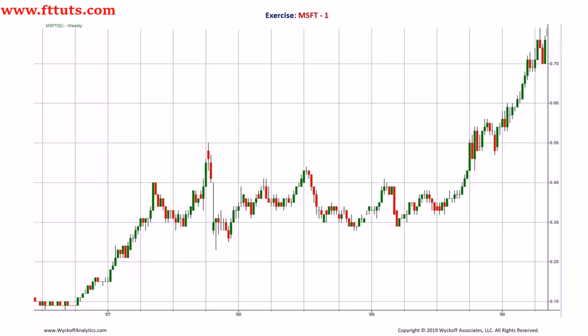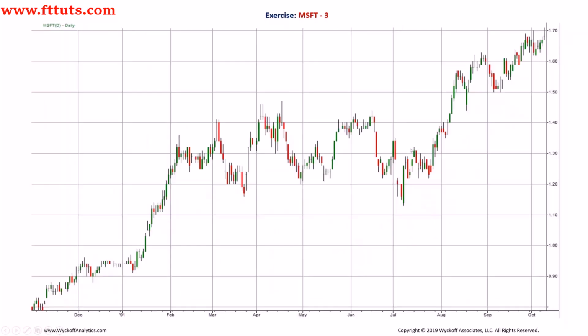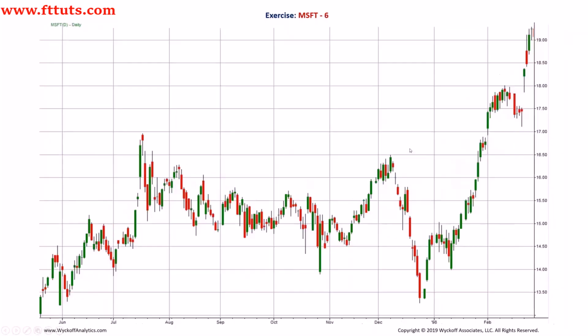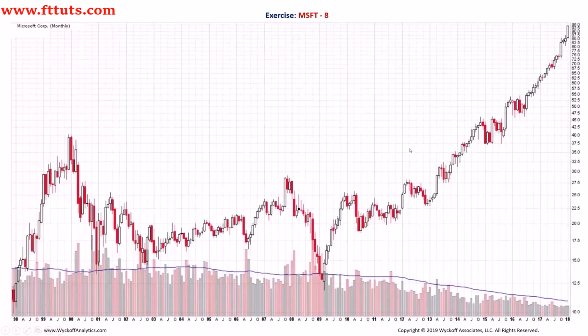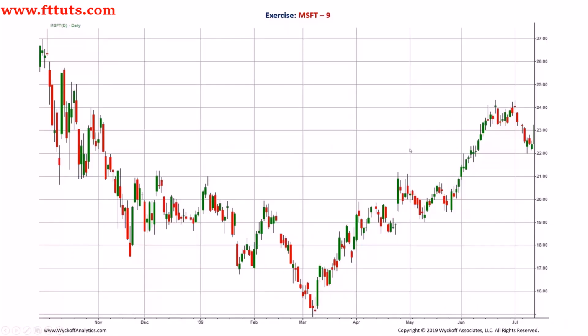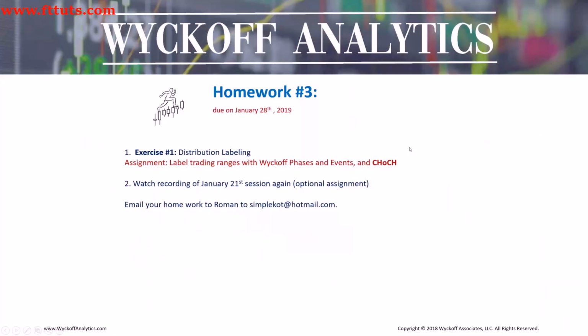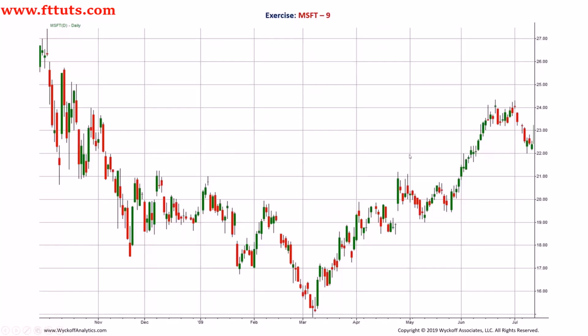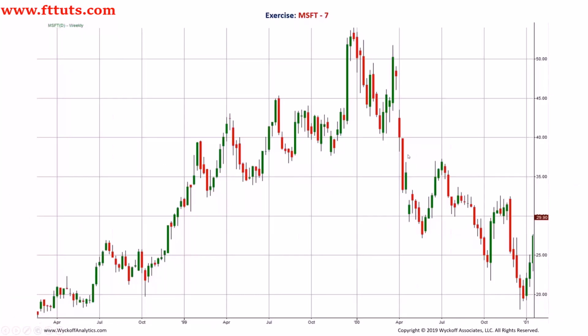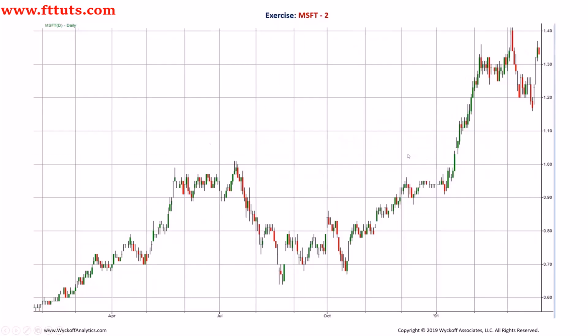It's very intentional. I want your mind to think only about labeling at this point. So 1, 2, 3, 4, 5, 6, 7, 8, 9. Yes, okay, great. So 9 charts. This is the homework.